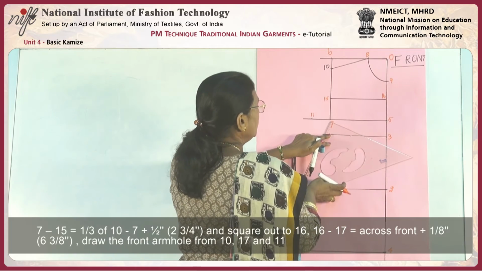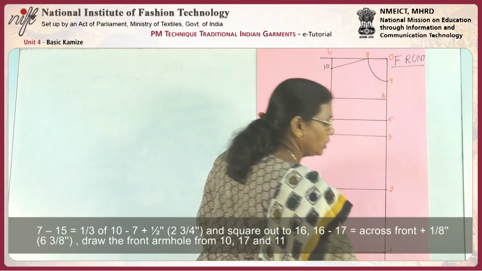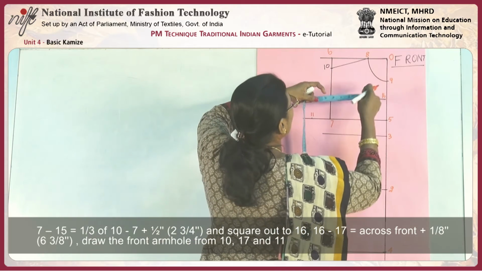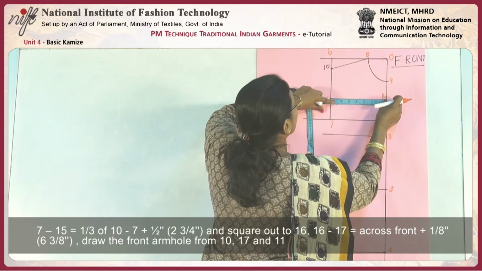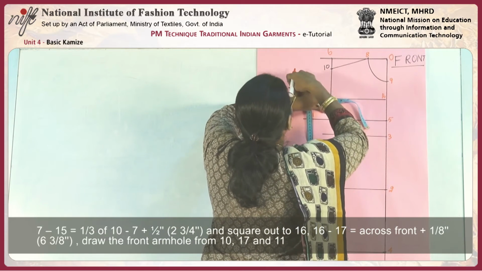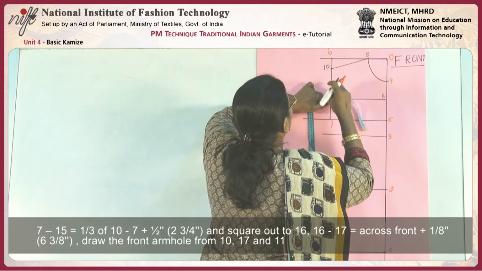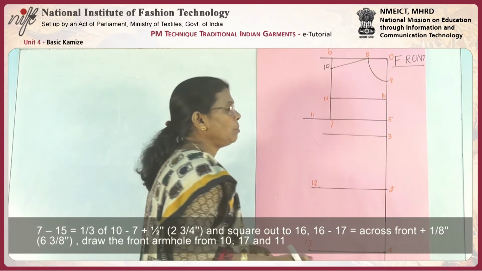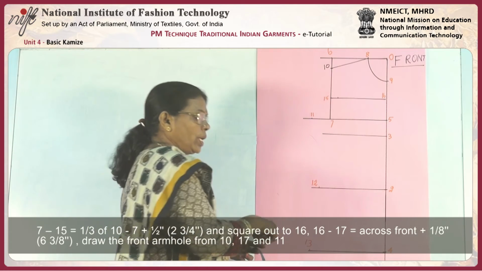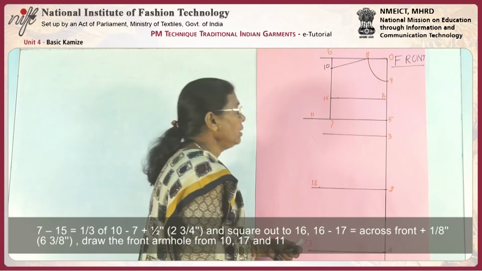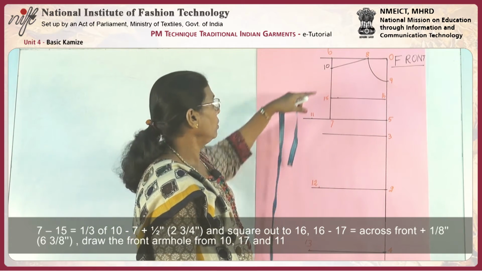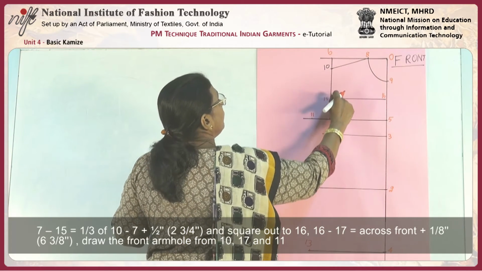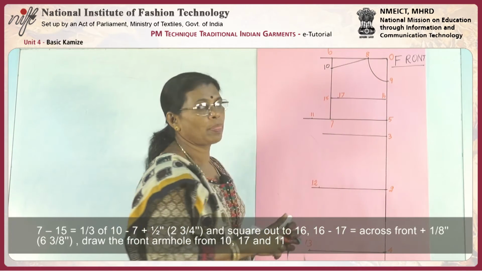16 to 17 is across back, that is 6.25 or 6 1/4. Mark 6 3/8 including ease. Then draw the armhole from 10, 17 and 11.